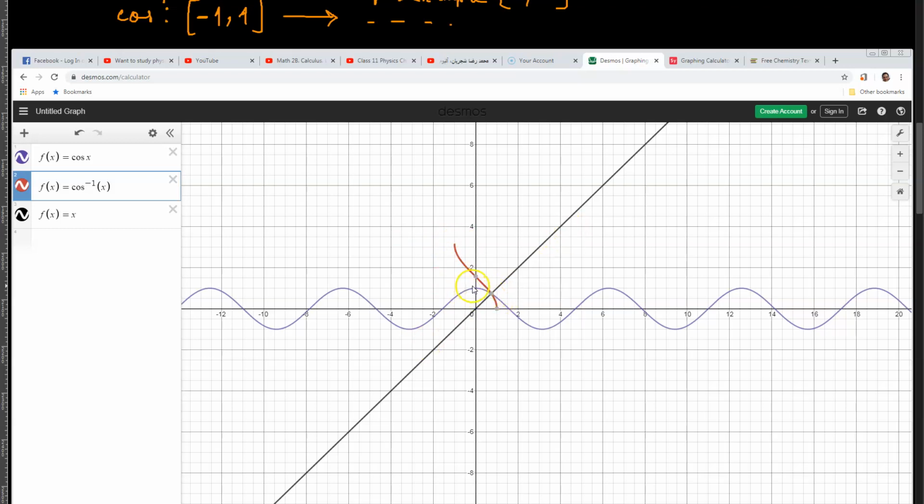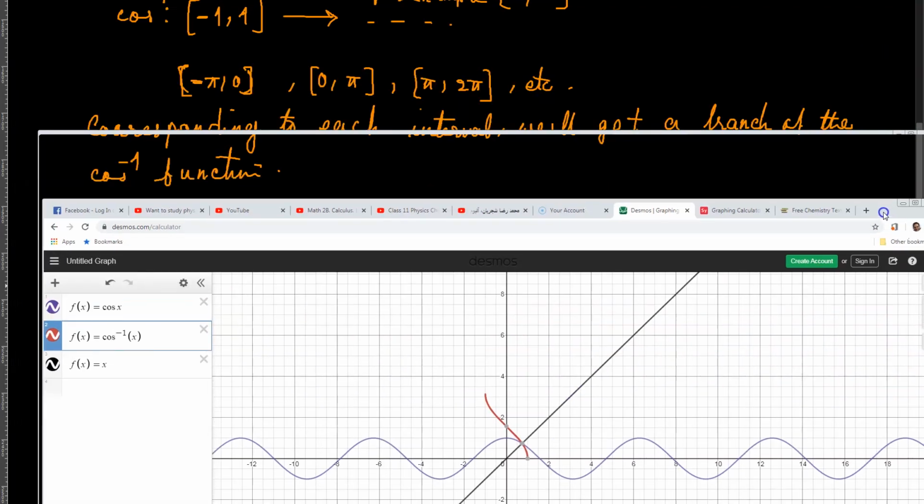If you think about this line, for example, from somewhere over here all the way up to somewhere over here, then they would be symmetric, and that's basically the graph of the function f of x is equal to cos inverse of x.